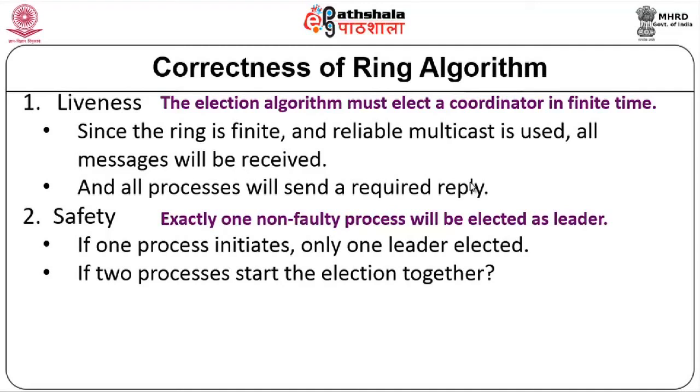So, if all of them are trying to contact the leader and the leader has crashed, then all of them together, or maybe 2 or 3 of them together, will decide that there is no leader at this point in time. So, it is quite possible that an election can be started by more than one process. In the next lecture, we will look at this problem and try to resolve it.